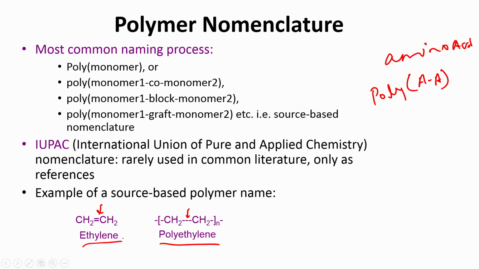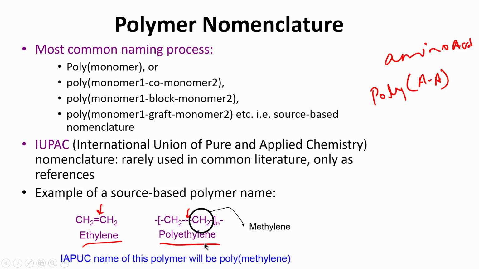So, these are some of the things we should be careful about when we read through these things. This is actually now methylene, it is not really ethylene, which is the monomeric unit, and the IUPAC name for this would be polymethylene, but it is not called polymethylene, it is always called polyethylene.